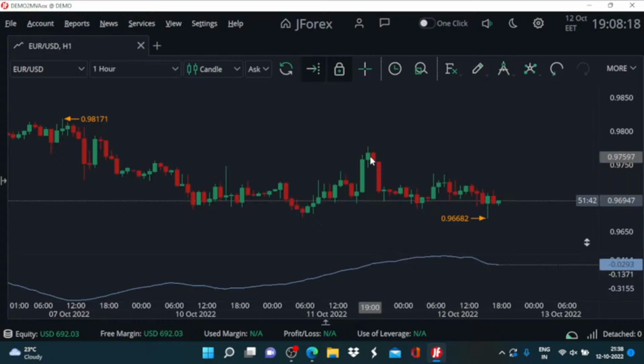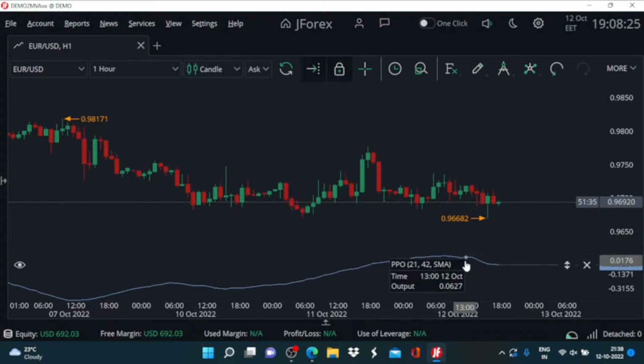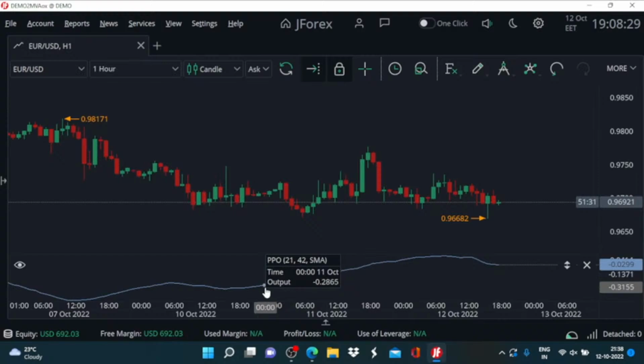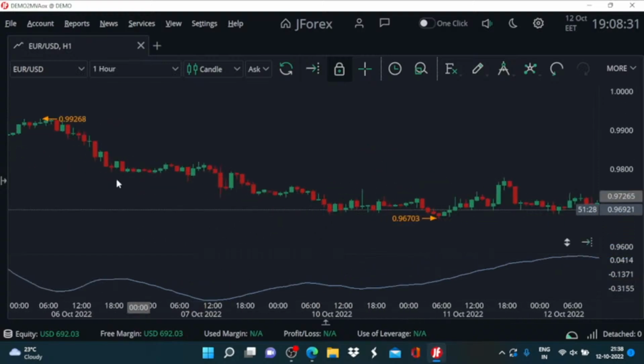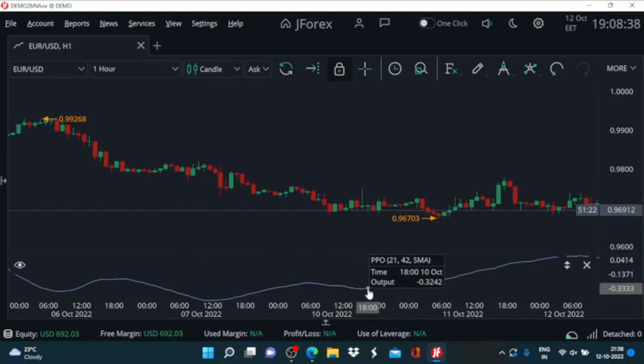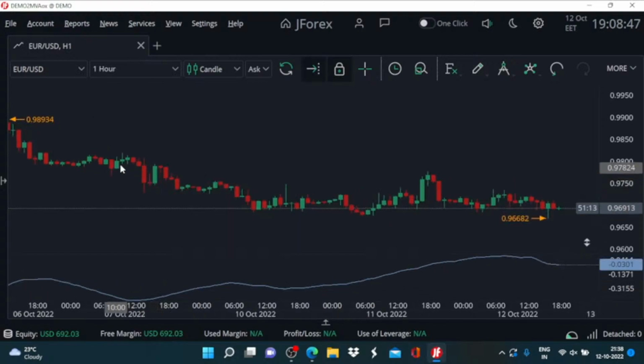So in this case, when the Euro USD stayed in this lower side negative territory for quite long, we saw this output dipping from above zero to below zero. And if we go back in time, when the momentum was bearish, we had this output of this indicator PPO continuously in the negative territory. So it would have kept you with the trend and you would have gone on for many short selling opportunities, keeping up with this price action and the indicator's output.